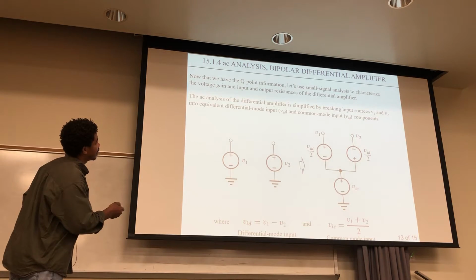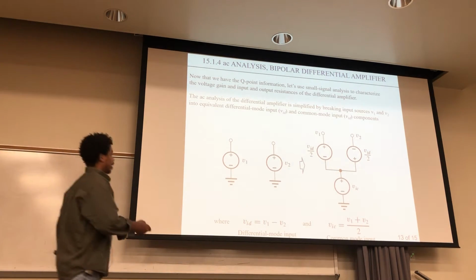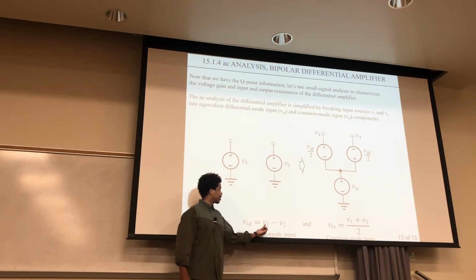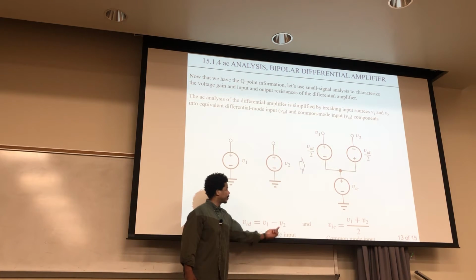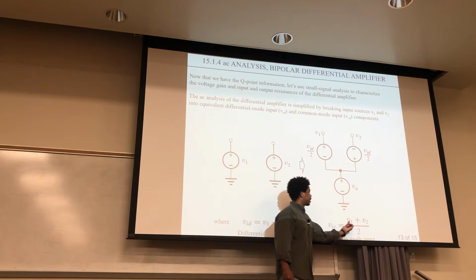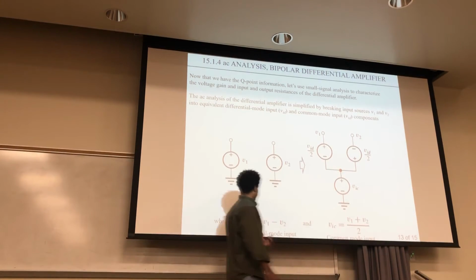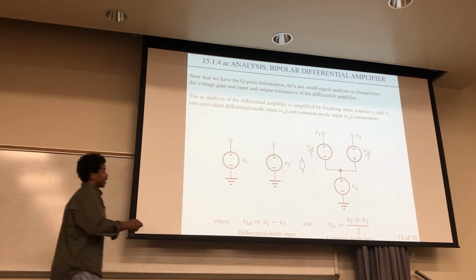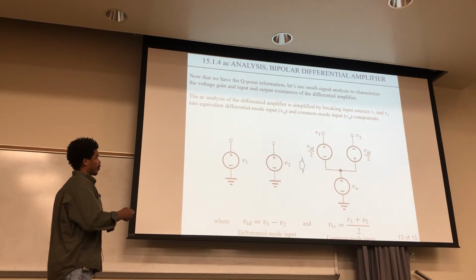That's supposed to be IC right here. So here's the differential mode input, the VID, that's just V1 minus V2. And the common mode, which we saw before, is the average between the two. So the difference between the two and the average between the two. Graphically, that's represented by converting this to something like this, where here's the average and here's the difference between the two.